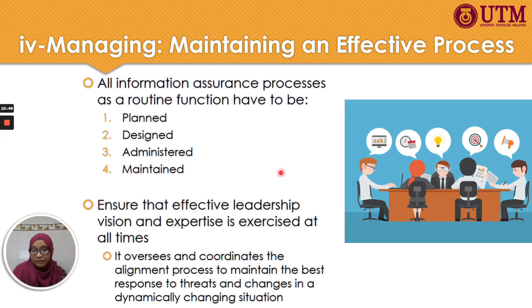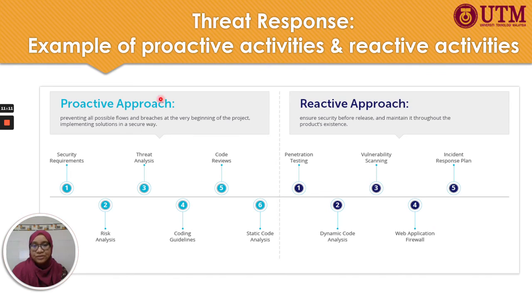If you don't practice this kind of cycle, your information security or information assurance is more like a firefighting method, where only when there is any incident do you act or do the task accordingly.